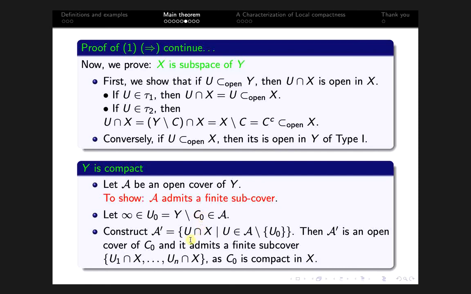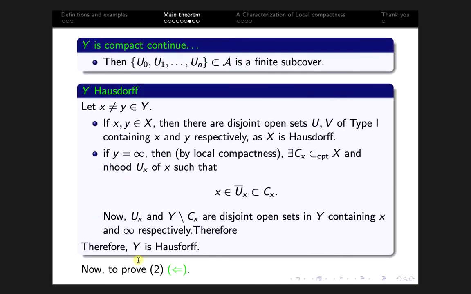Okay, and this is your finite subcover. Then it is easy to see that the collection U naught, U1 and so on, Un is a finite subcollection of A, which is a finite covering of the topological space Y, therefore Y is compact.